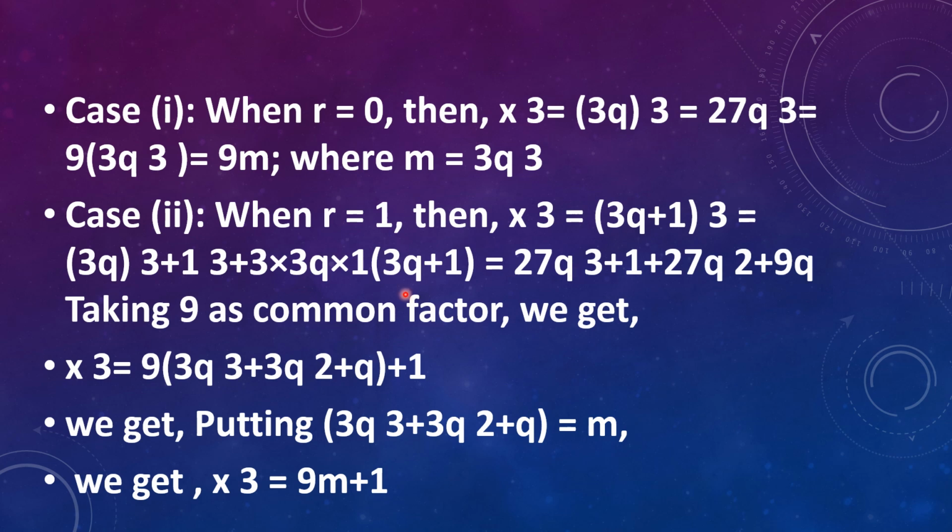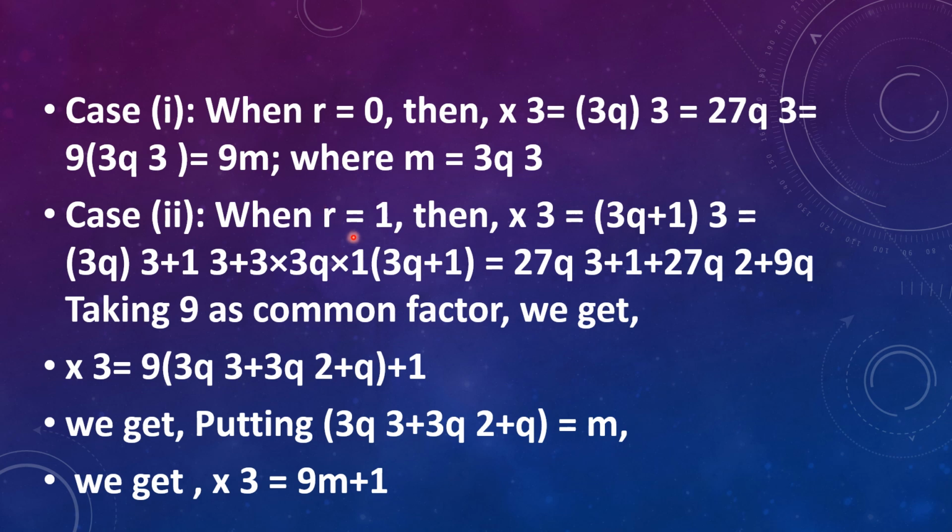So when you take 9 common outside, we are going to consider 3q cube as m. So x cube equals 9m, we got first.